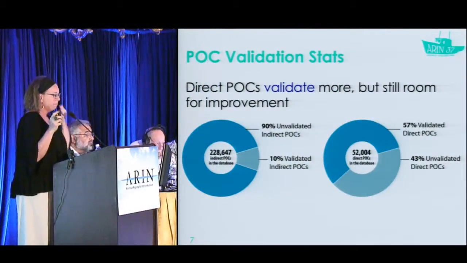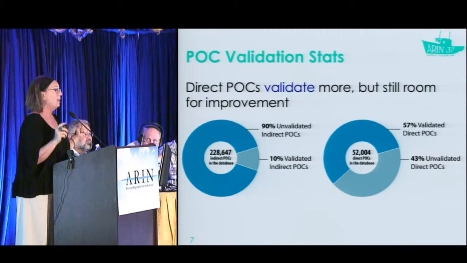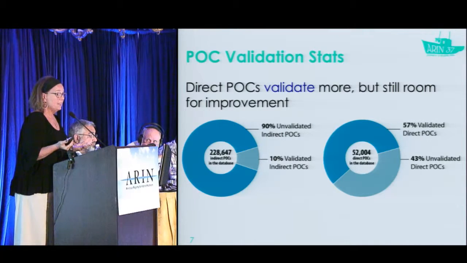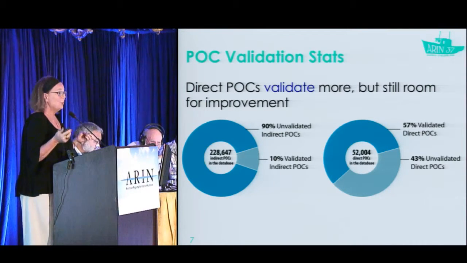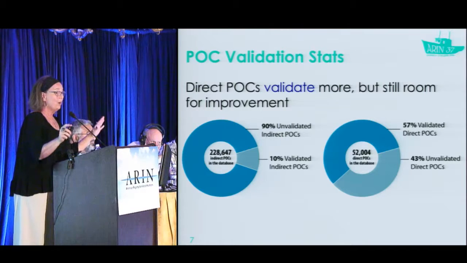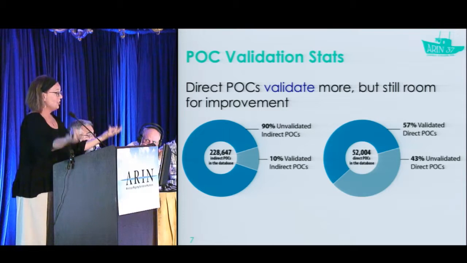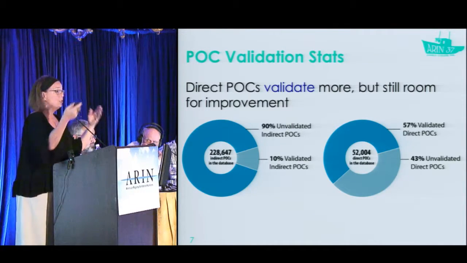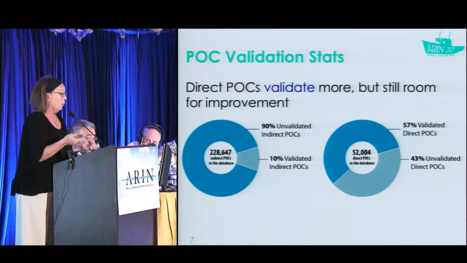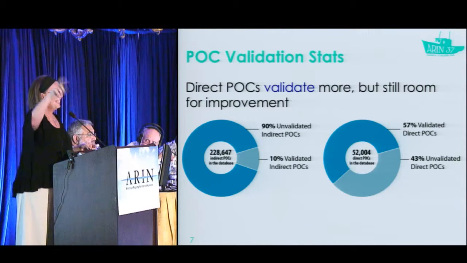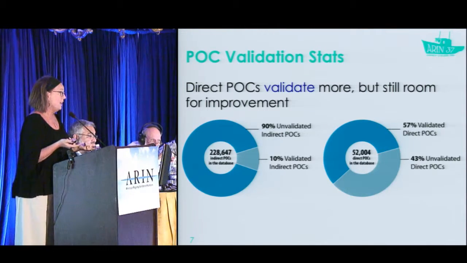What's not accounted for here, and I should probably mention, is there's sort of a population of POCs that are not receiving this POC validation. And those are what we call orphan POCs. These are points of contact who are not tied to any resource whatsoever. Typically, those are reassignments that were done by an upstream ISP, and they registered their points of contact in anticipation of issuing them space, or putting in a reassignment record for them, or they put in a reassignment record for them, and then they deleted it and gave it to someone else, but never deleted the point of contact.